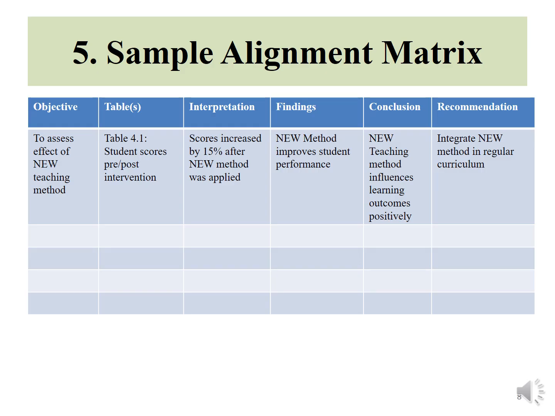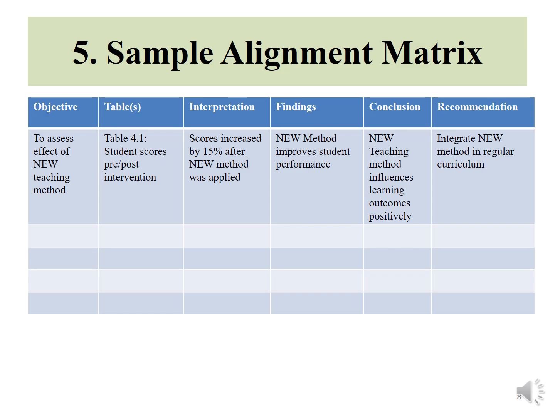So first of all, objective: to assess effect of new teaching method. The table: students' scores pre and post intervention. Interpretation: scores increased by 15% after new method was applied. Findings: this is one finding, usually there are more than one finding.